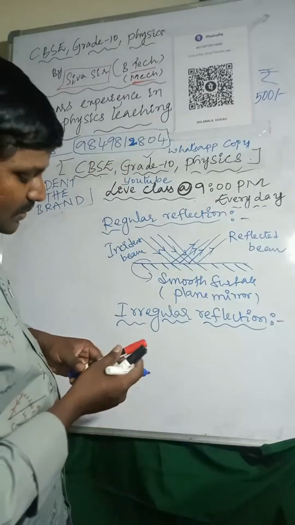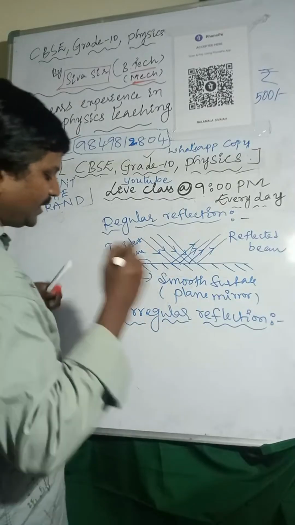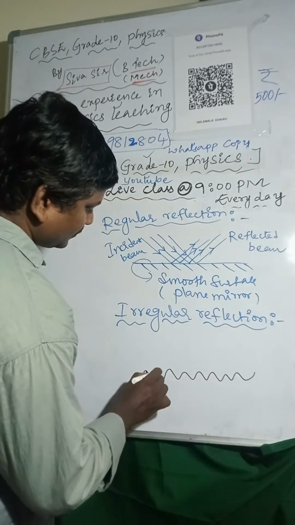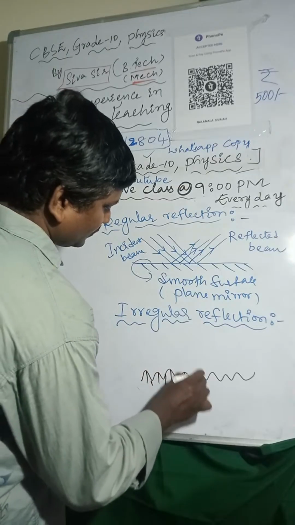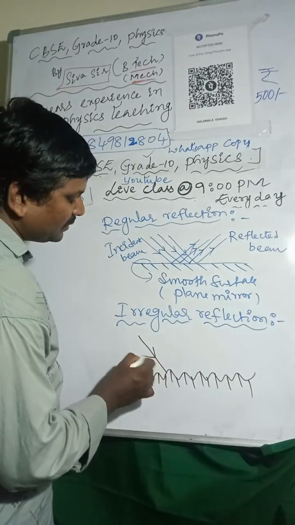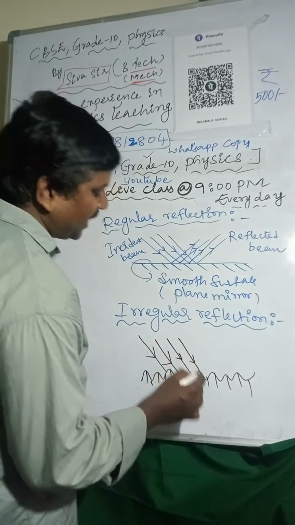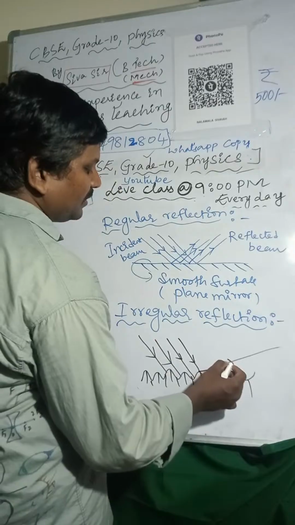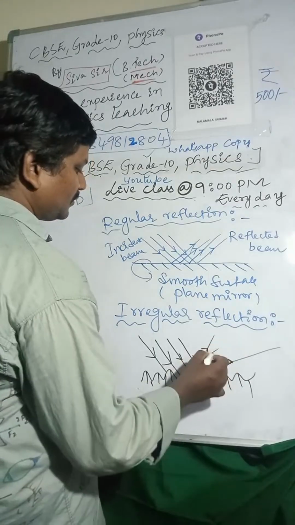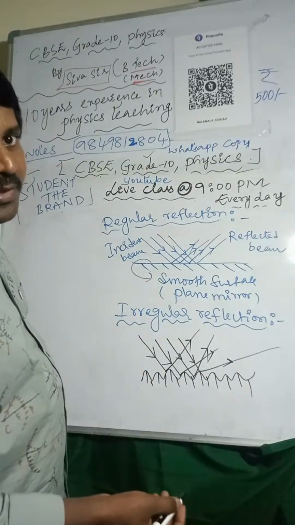You can observe here that the incident beam is parallel, but the reflected beam is not parallel.